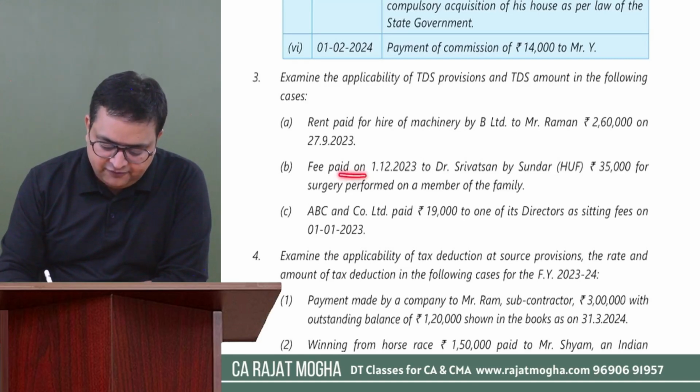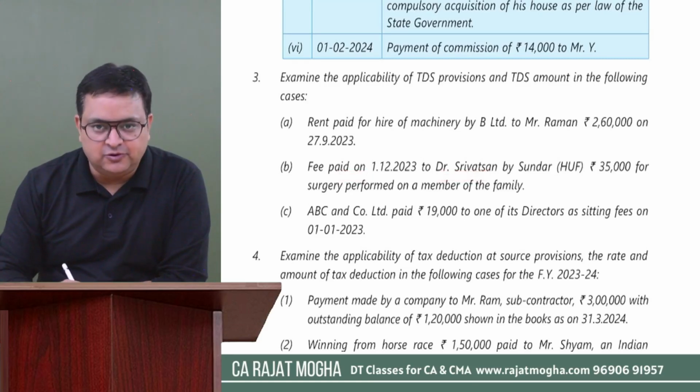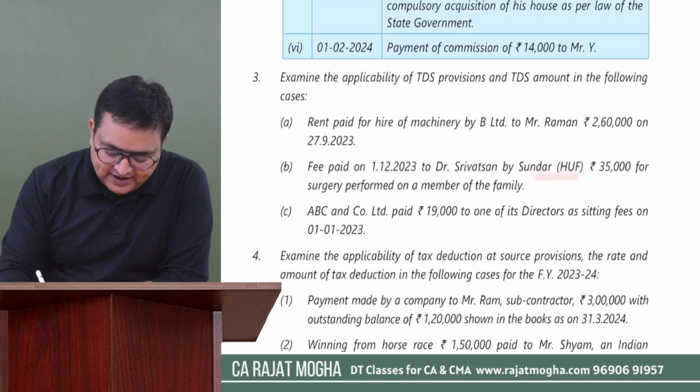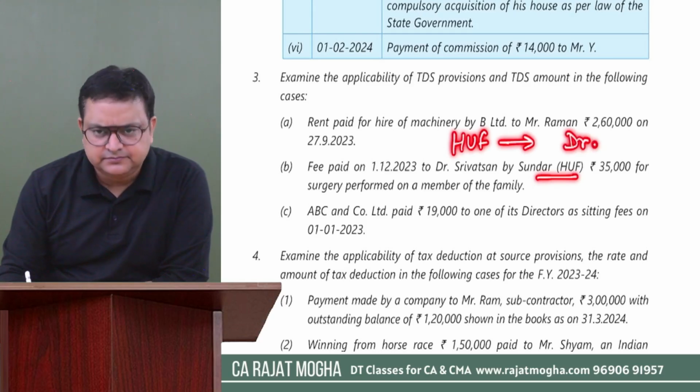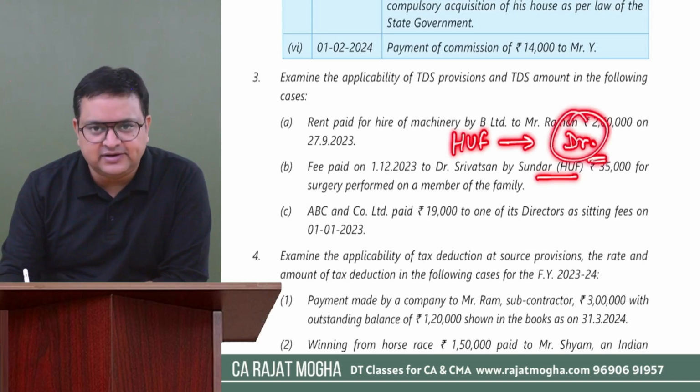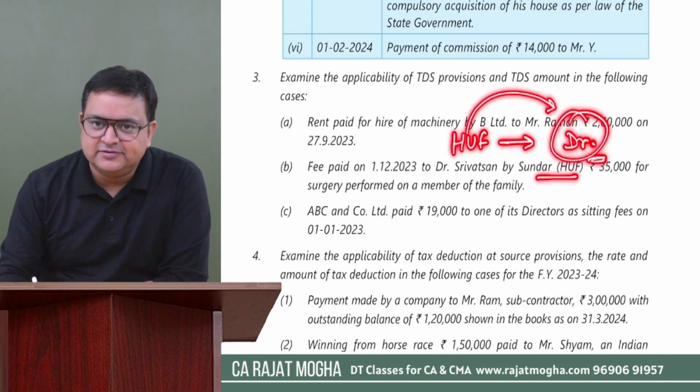Sir, we are paying fees to Dr. Sri Vatsan. Okay, who is making the payment? Sundar HUF, that is HUF, is making a payment to a doctor. For what? For professional services, right? This doctor is a professional. We are paying for professional services.